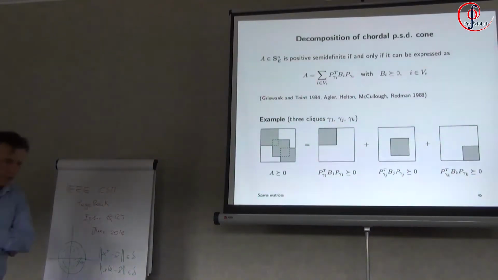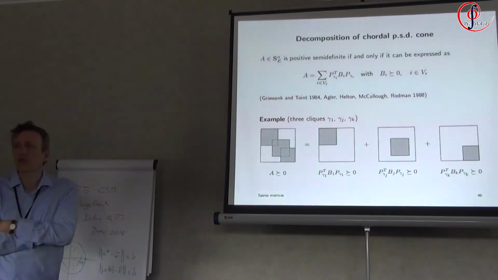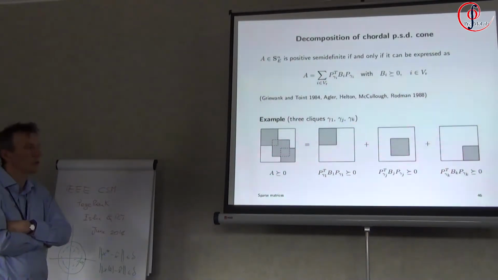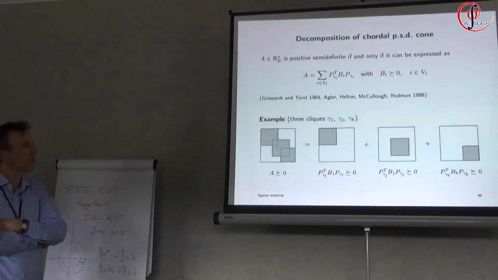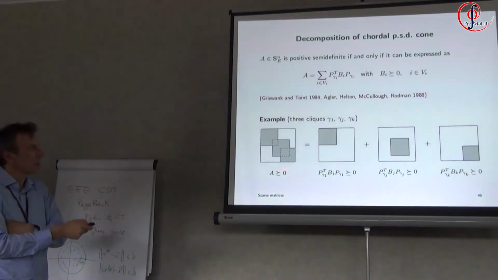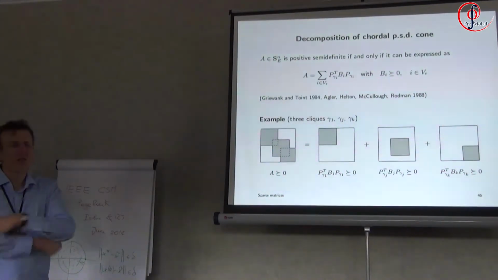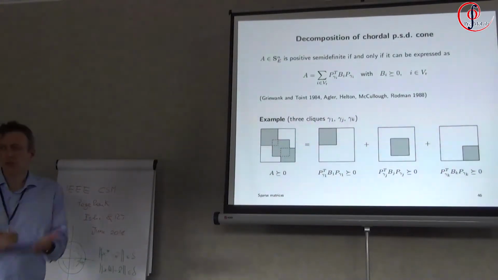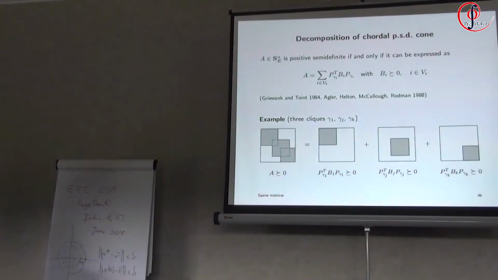So that's useful in optimization for decomposition, because it means that you have a quite complicated convex cone that you can express in terms of a sum of very simple cones. That's always a useful property, for example in first order methods, when you can express a complicated convex set as a sum or an intersection of simple convex sets, simple to project on, for example.